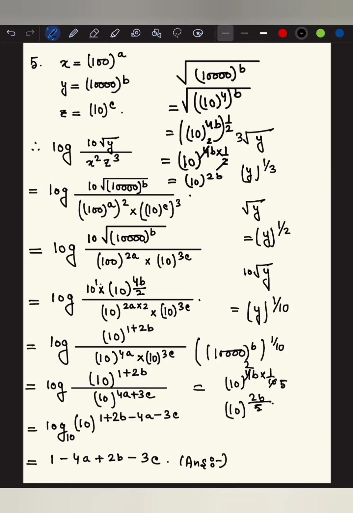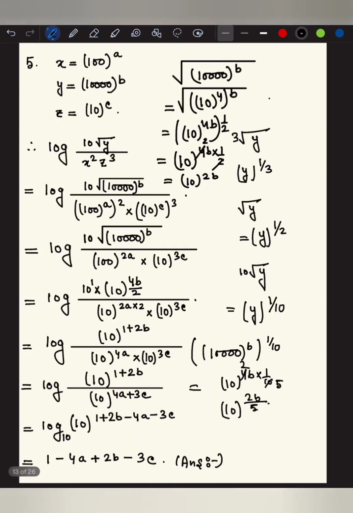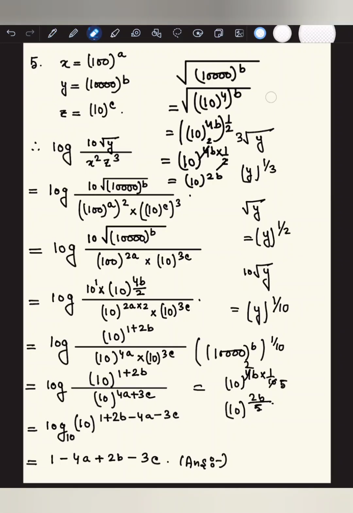So 10 to the power 1 into 10 to the power 2b. So x to the power m into x to the power n comes out to be x to the power m plus n, that means 10 to the power 1 plus 2b. That is what I have written here. So this is equal to log 10 to the power 1 plus 2b divided by 10 to the power 4a into 10 to the power 3c.